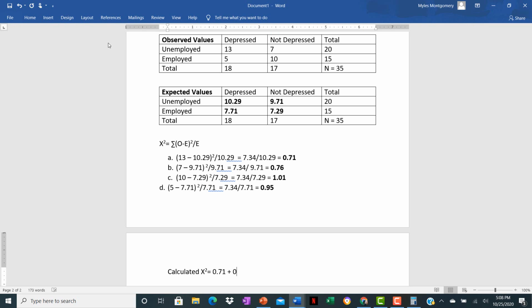0.71 plus 0.76 plus 1.01 plus 0.95. Okay, and we'll go ahead and run the calculation on that.